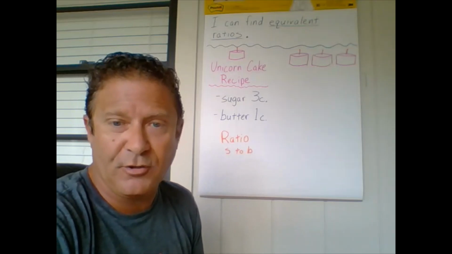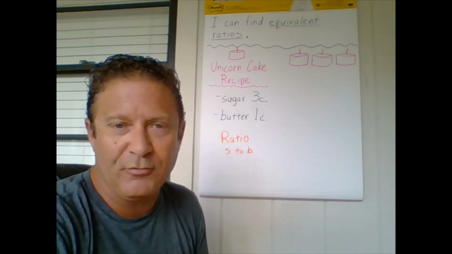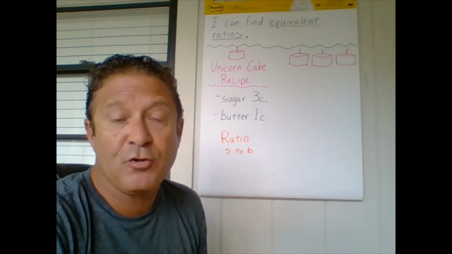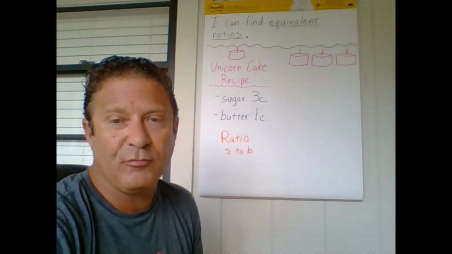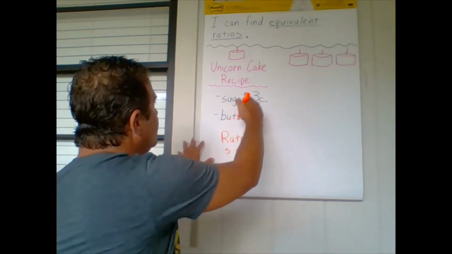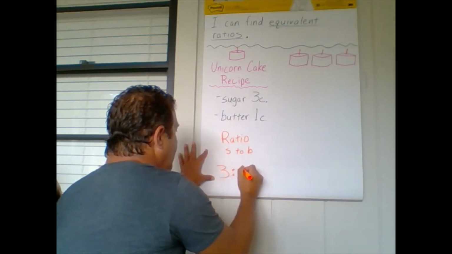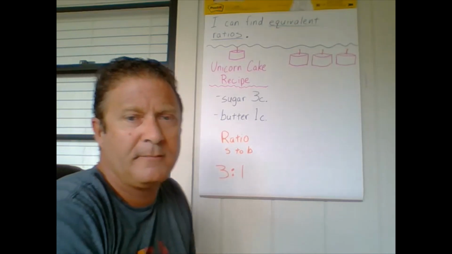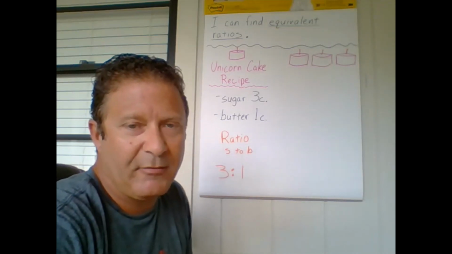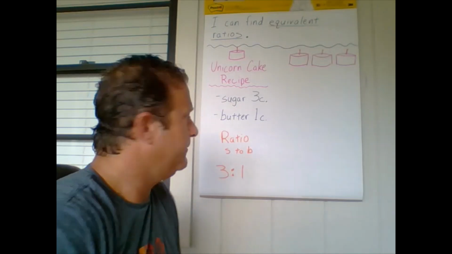If I said butter to sugar, it would be different than sugar to butter, and I think they talked about that in the Khan Academy video too. My ratio here of sugar to butter, I could write as 3 to 1, which would look like this. Three sugar, 1 butter. So that would be my ratio, 3 parts sugar to 1 part butter.